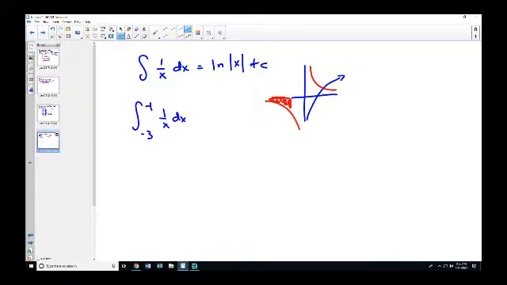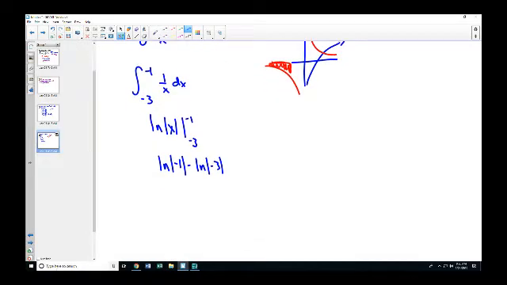Okay, so natural log, absolute value x, evaluated from... So how do you evaluate a negative? The answer will come out negative. What's the natural log of 1?